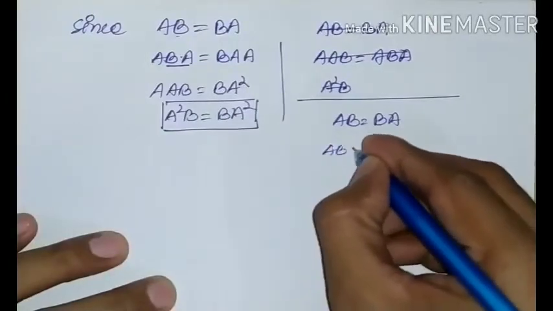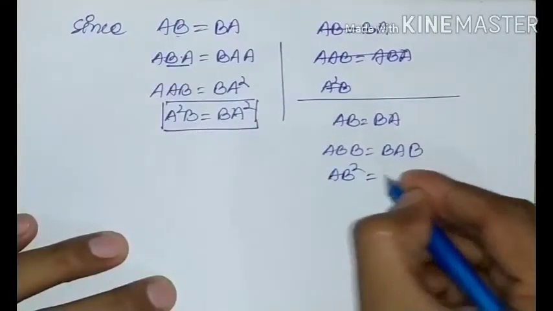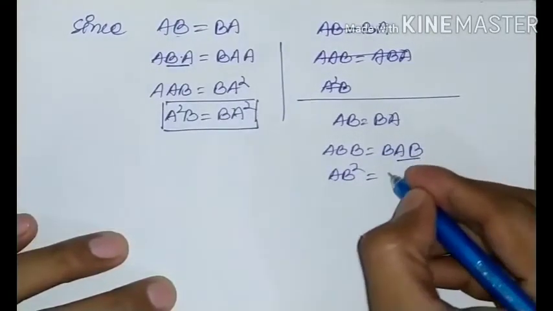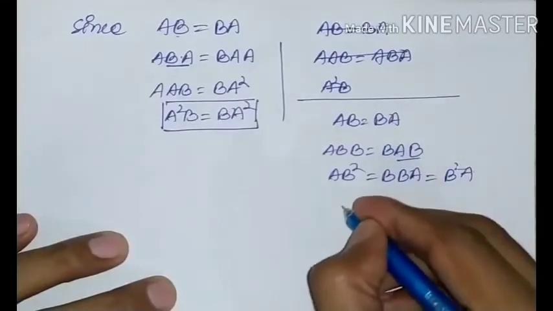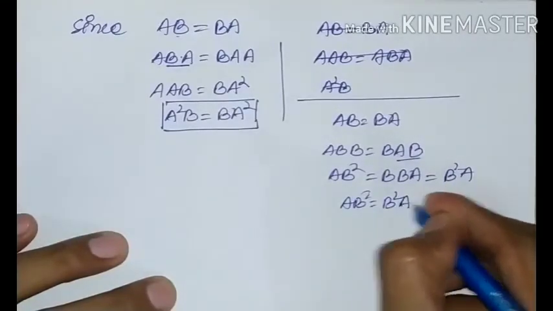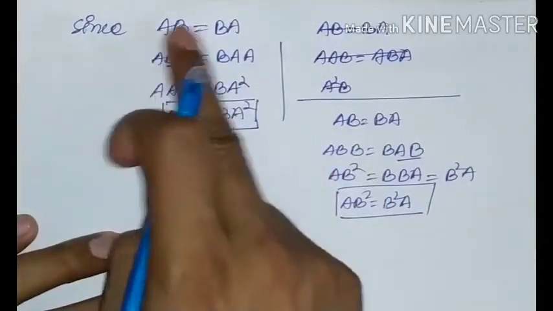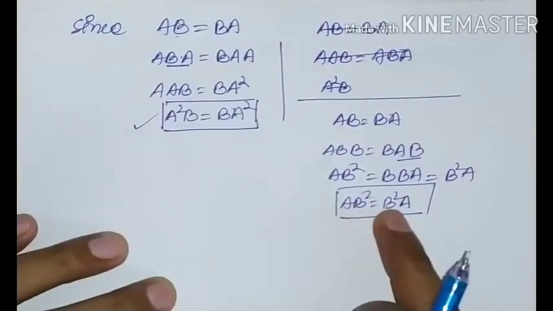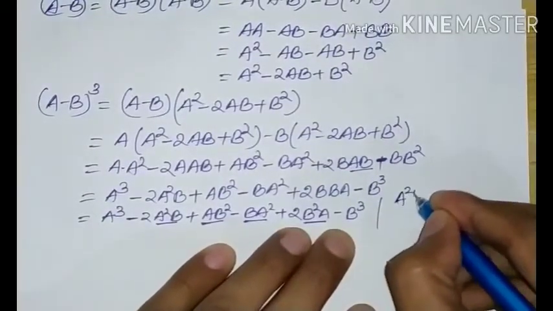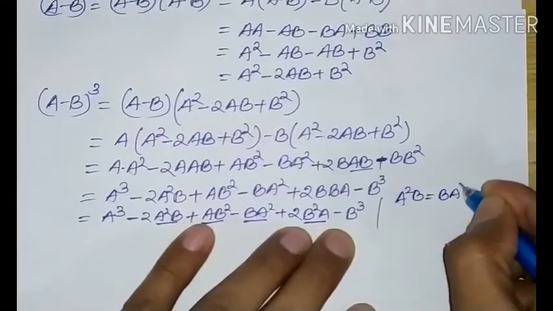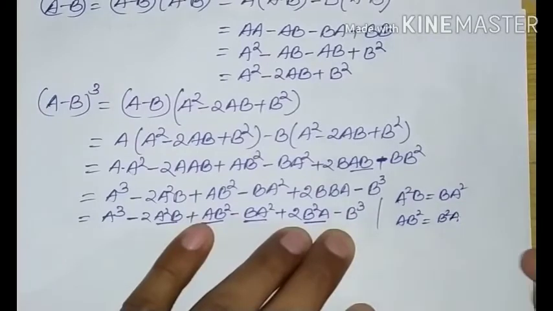Then it will be AB into B equals BA into B. Then it will be AB square, which is equal to, since AB equals BA, B into BA, which is equal to B square A. Then here is AB square equals B square A. The first one is A square B equals BA square because of AB equals BA, and the second one is AB square equals B square A because of AB equals BA. Proved here, A square B equals BA square and AB square equals B square A.